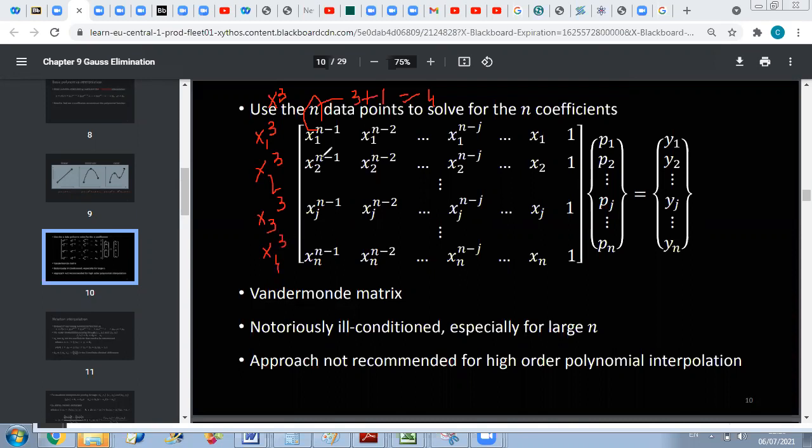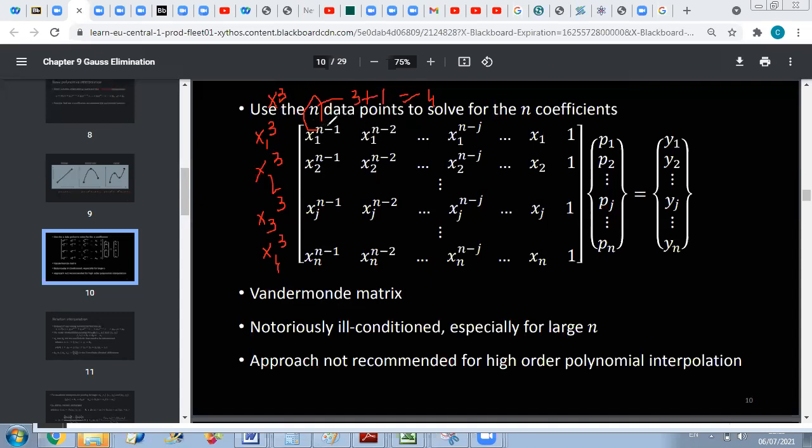And then I will complete my other elements. If this is x1 cubed, in the same row you will have x1 squared, then x1, then 1. And if this is x2 cubed, in the same row you will have x2 squared, x2, and 1. So in the first row, this is all for x1: x1 to the power n minus 1, which is here 4 minus 1, 3.